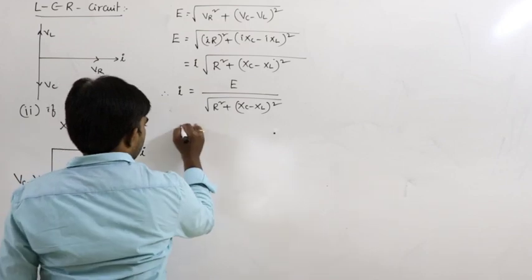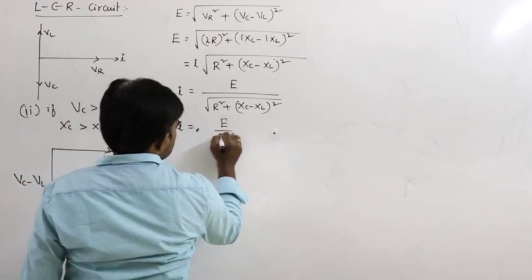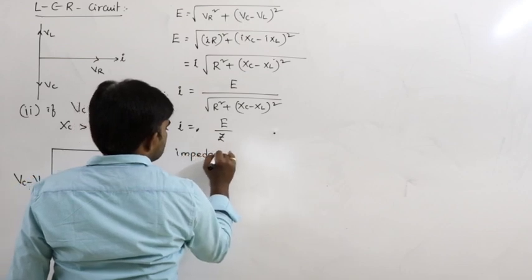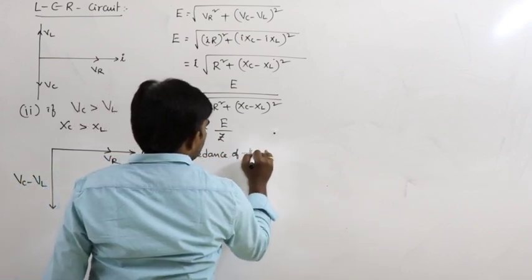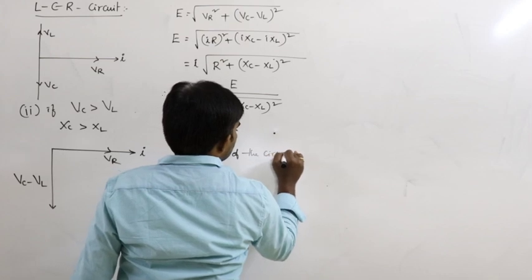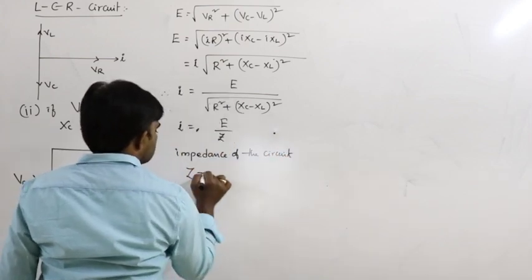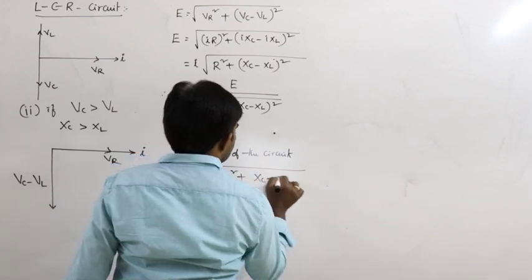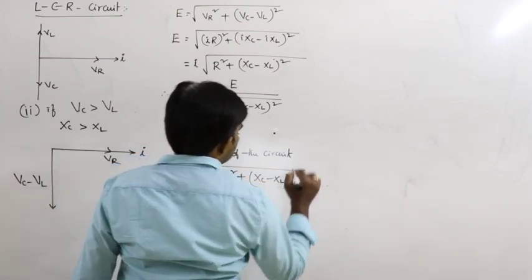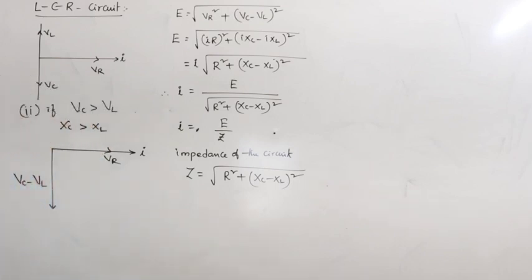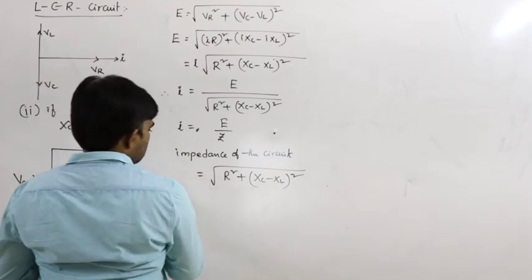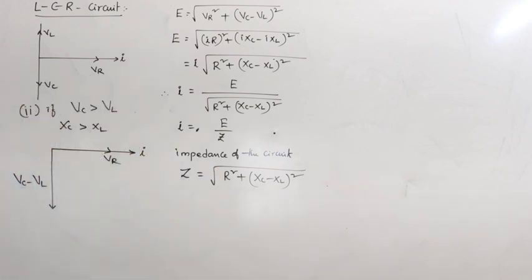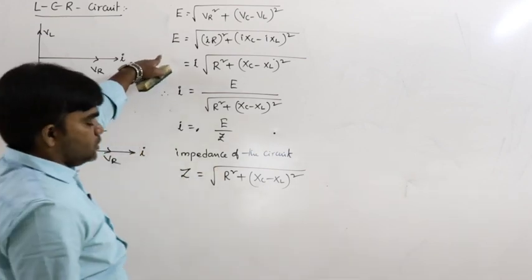That means I is equal to E by Z. What is the impedance of the circuit? Z is equal to under root R square plus XC minus XL whole square. So this is the situation.